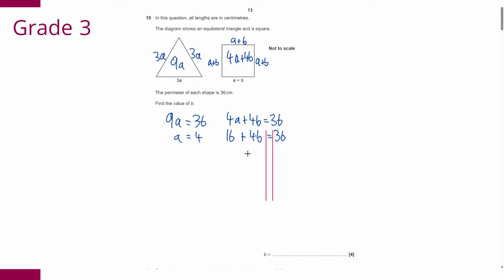Take away 16 both sides. I'm going to get my calculator out. Oh my goodness, I've just realised that this is really easy. 4B equals 20. Divide by 4 both sides. B equals 5. Sweet. So B equals 5 is our answer.